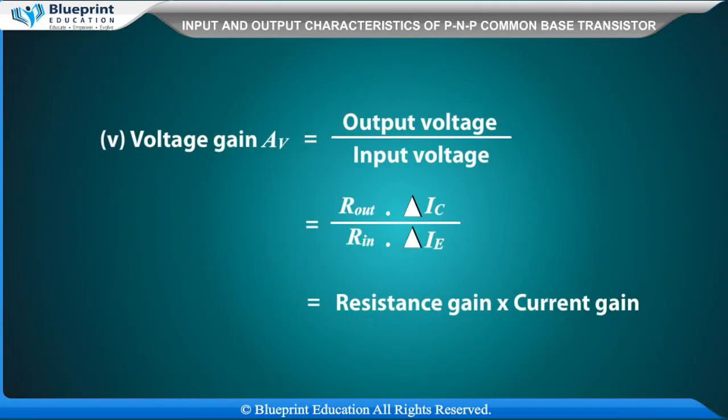Voltage gain AV is equal to output voltage by input voltage, is equal to Rout into delta IC by Rin into delta IE, is equal to resistance gain into current gain.